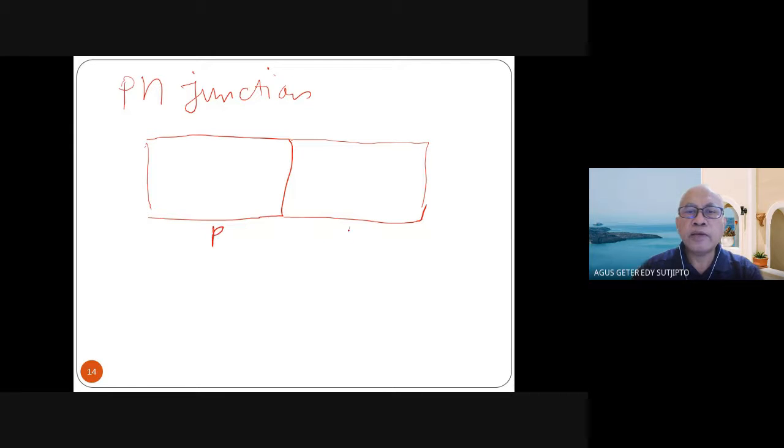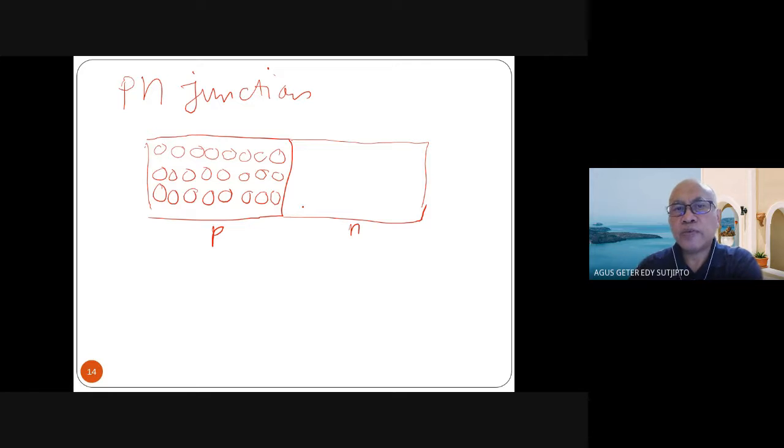We have a P and we have a N. P means that we have many excess of holes, meaning that we have a doping of boron. That boron only supplies 3 electrons to be shared, meaning that there is less one electron to be shared to the silicon matrix. So we have one hole, an excess of hole. A hole represents the positive charge.